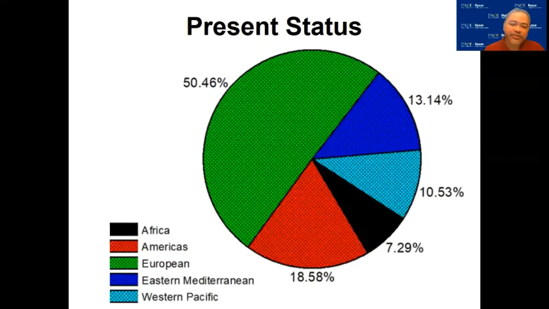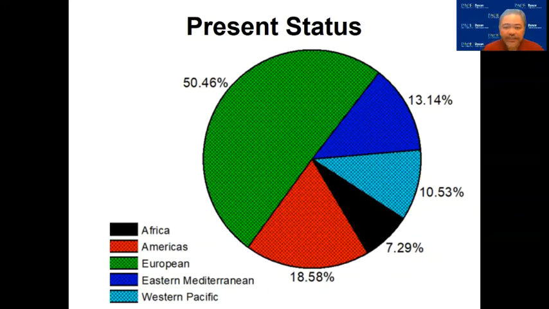If we look at the present status on the use of antibiotics, 50.46% of them are in Europe, but it's nothing to do with use in animals; it's the use in human beings. America would be around 18.58%.